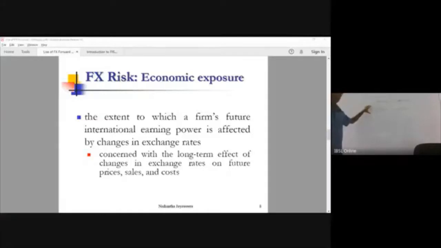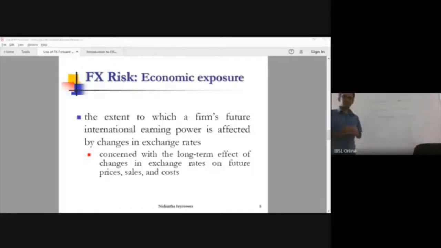Translation exposures, through financial instruments we can manage, but we need some derivative instruments other than forwards. Even forward we can consider as a derivative instrument. Nowadays we consider it as a derivative instrument, but we need other derivative instruments to hedge this translation exposure.